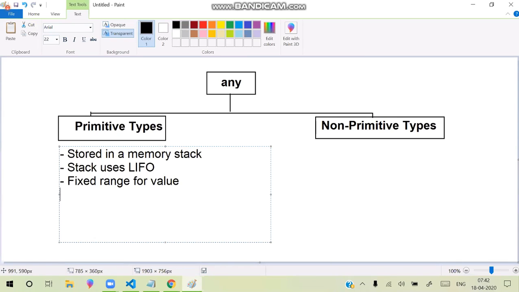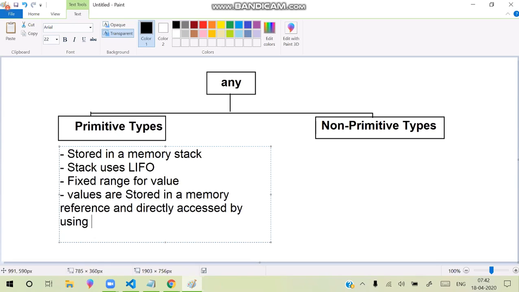And very important, the values of primitive types are stored in a memory reference and directly accessed by using that memory reference name.